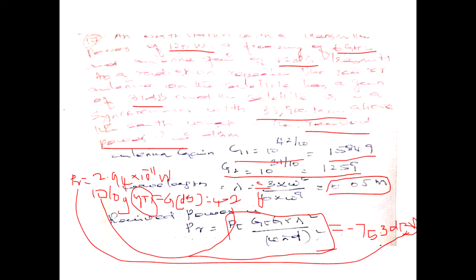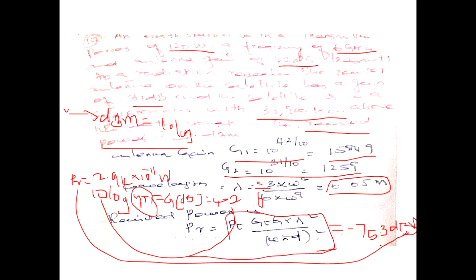This you can convert into dBm. What do you have to do? To convert to dBm, you have to take the log. If it is dBm, whatever the value is should be divided by 1 milliwatt.